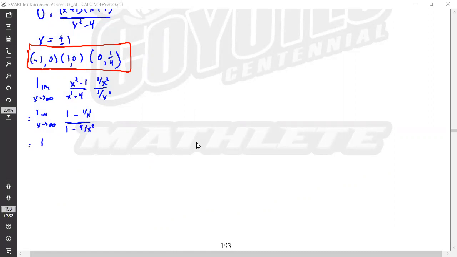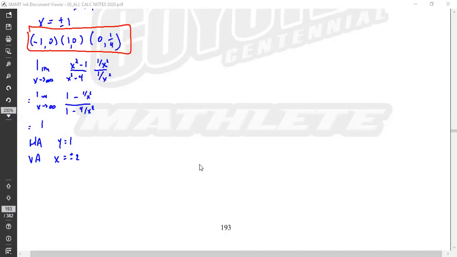So this is equal to 1. Therefore, we have a horizontal asymptote at y equals 1. We do know we have vertical asymptotes at x equals plus or minus 2. And because we have a horizontal asymptote, we don't have oblique asymptotes, of course.